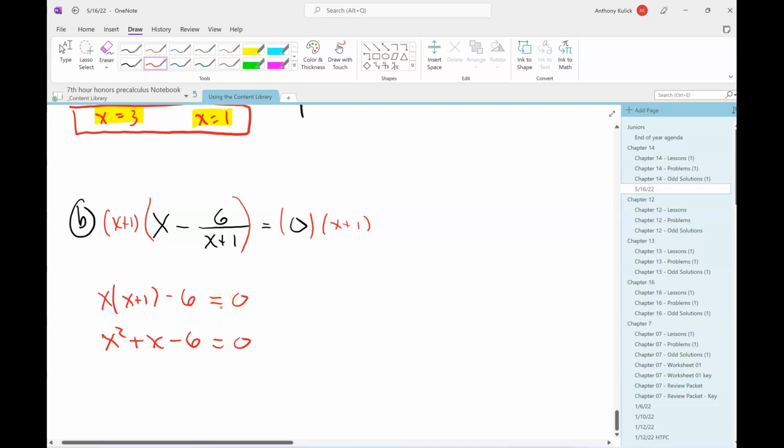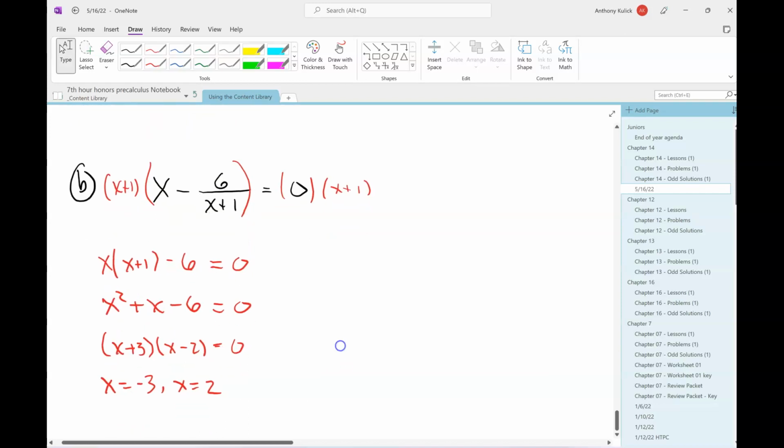Again, what I'm left with is a quadratic. Leading coefficient is 1, so I'll try to factor. Two things that multiply to give me -6 and add to give me +1 are +3 and -2. So when I solve that, I get -3 and +2.